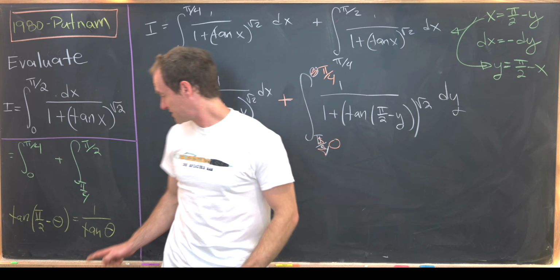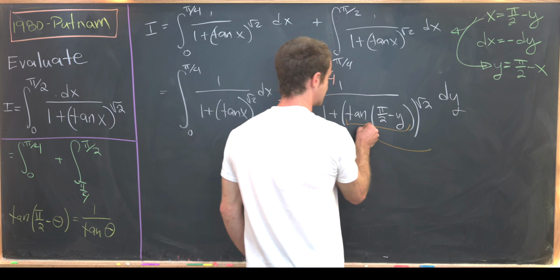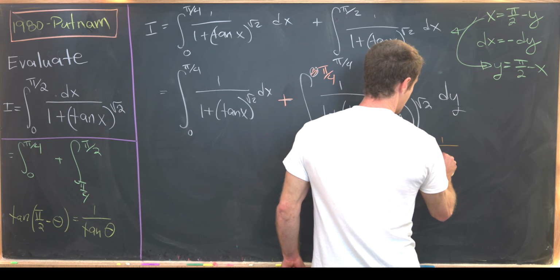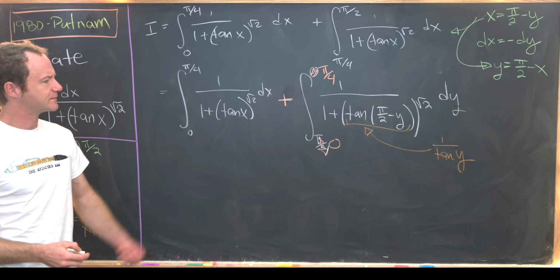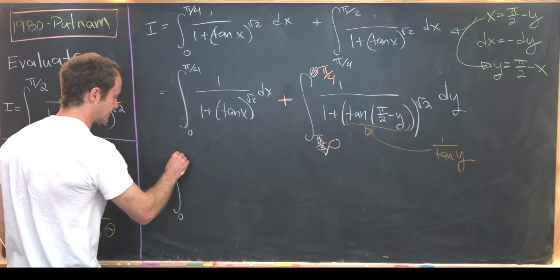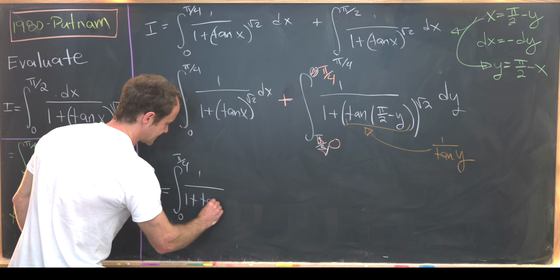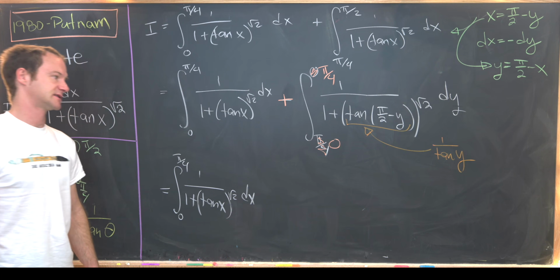I can use this trick over here to rewrite this tangent of pi over 2 minus y as 1 over tangent of y. Okay, so let's see what that gives me. I'll just bring this guy down. I have the integral from 0 to pi over 4 of 1 over 1 plus tangent of x to the square root of 2 dx.